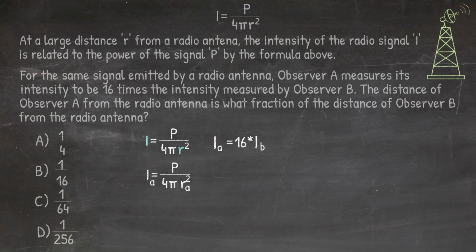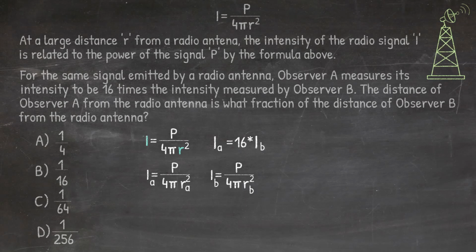And the intensity for observer B would be P over 4 pi r of B squared. And r of B stands for the distance of observer B. So the only difference would be the distance at which the observers stand.